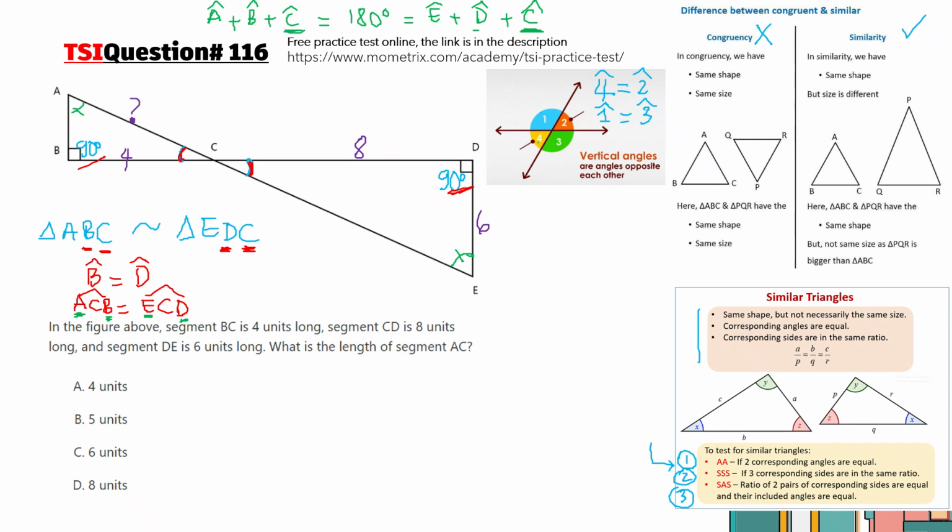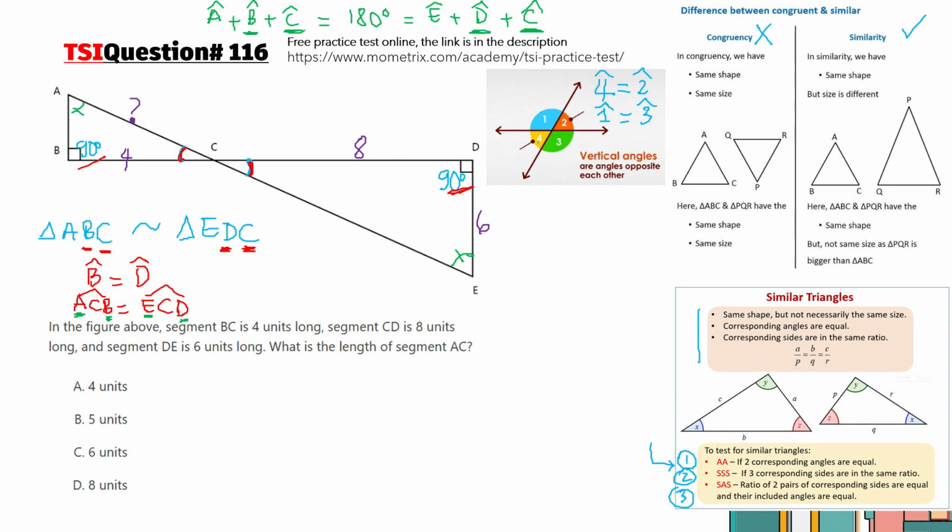We have D is 90 degrees, the same as angle B. So of course angle A and angle E have the same measurement. So it's not necessary to solve for the third angle. We only need two. So now we know that these are similar triangles.